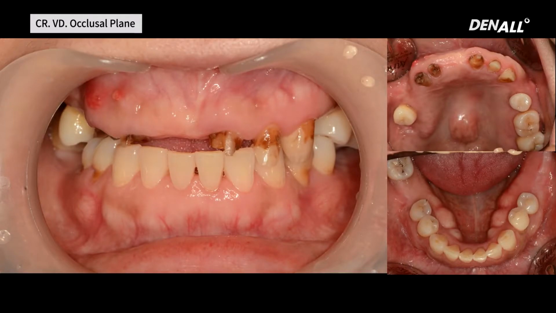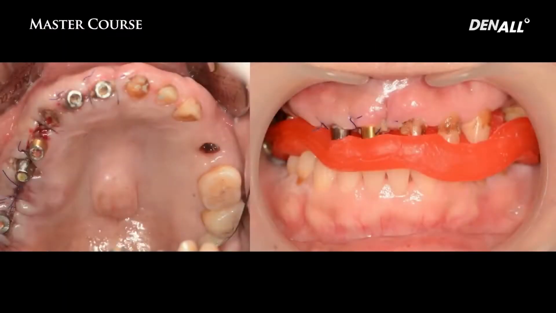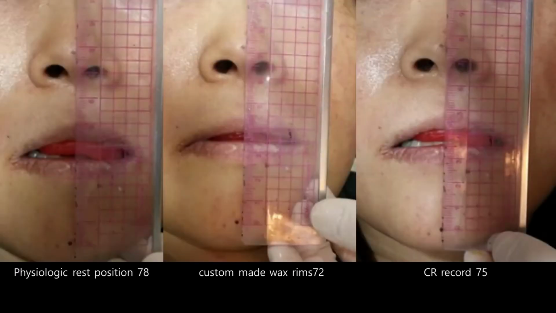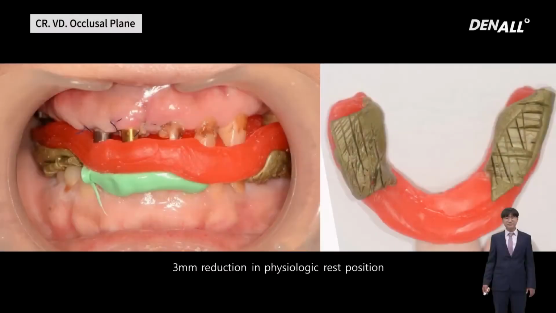VD is lost due to the loss of posterior teeth. What do you think? There's a lot of bone, so implants can be placed, but if we have to recover the lost VD, the case is always challenging. Wax was roughly softened and the wax rim was fabricated in the treatment room. For physiologic rest position, the rim was adjusted to be within 2 to 3 millimeter range.